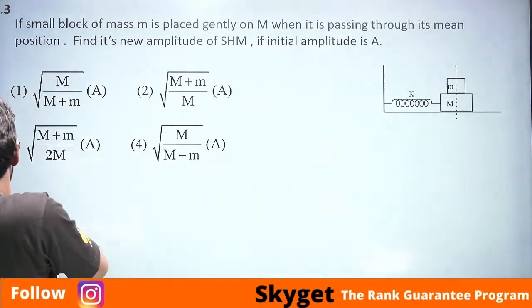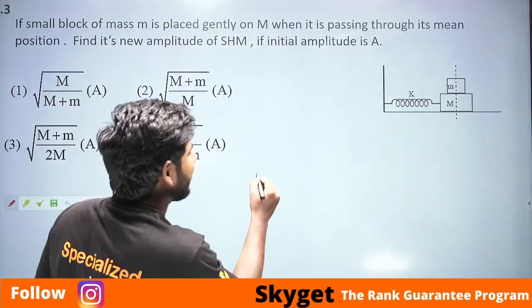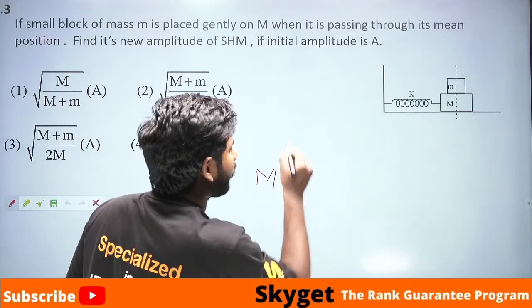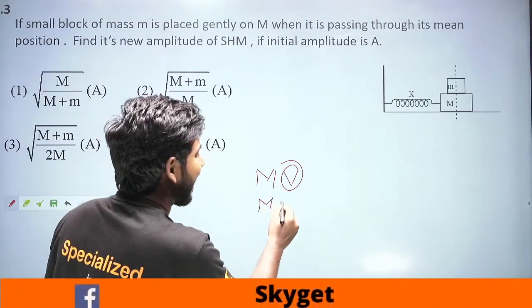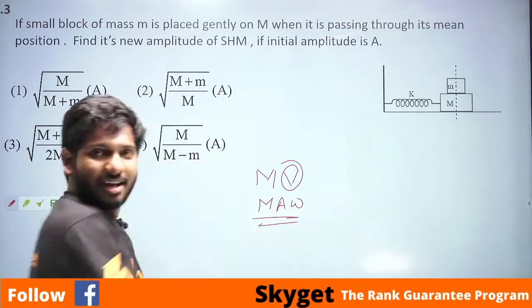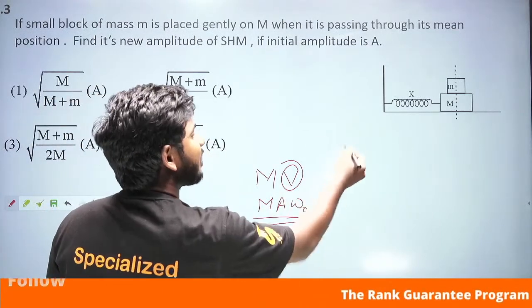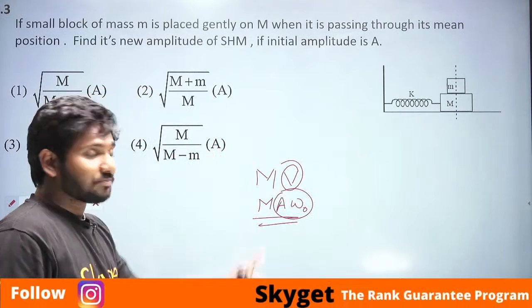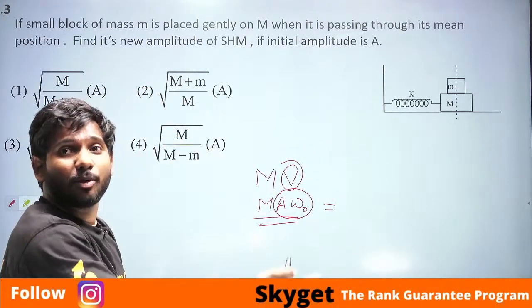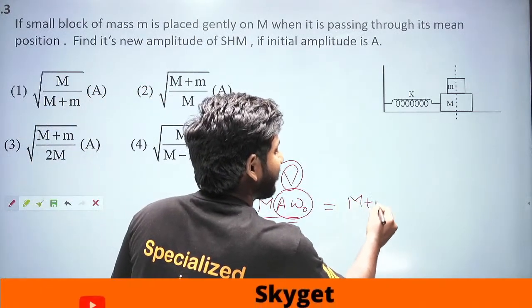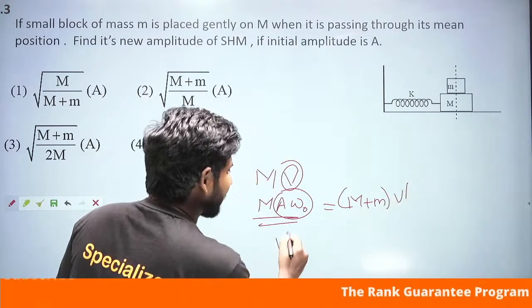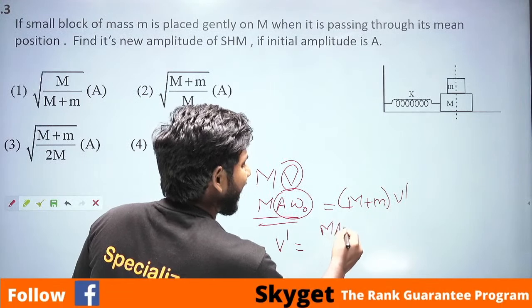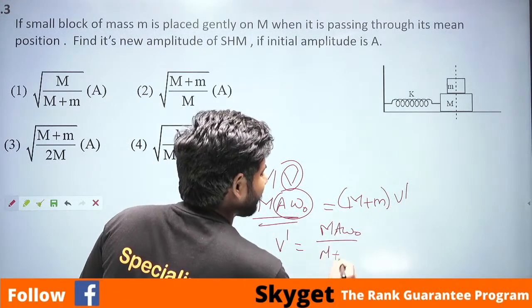That is due to M into v, that is, the mean position velocity is A omega naught, so initial momentum is M A omega naught. And what is final momentum? M plus m into v dash. So v dash will be how much? M A omega naught by M plus m.